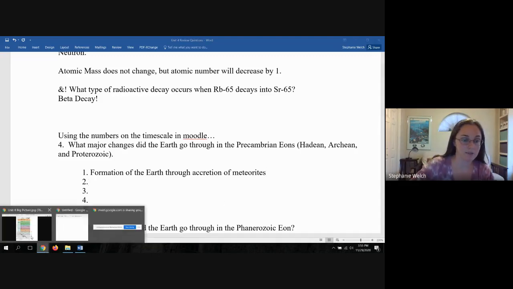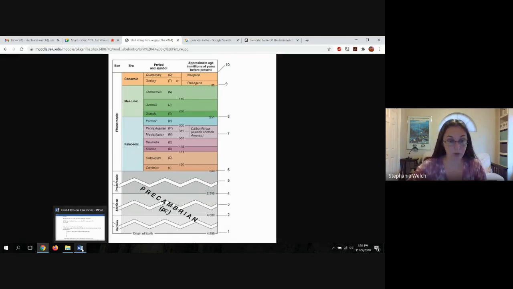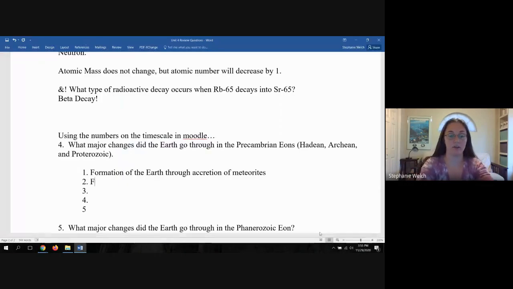So going back to the time scale again, that was event 1 down here. Event 2, 500 million years later, happens after the surface actually has a chance to cool. And that's when you start to form the atmosphere, of course, and the oceans. The oceans were originally thought to not be salty. They were probably freshwater.